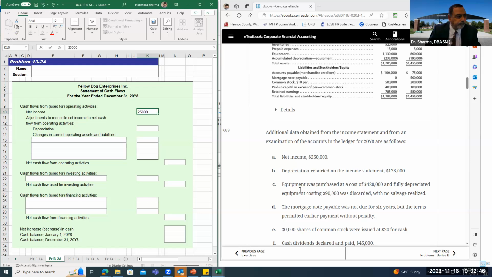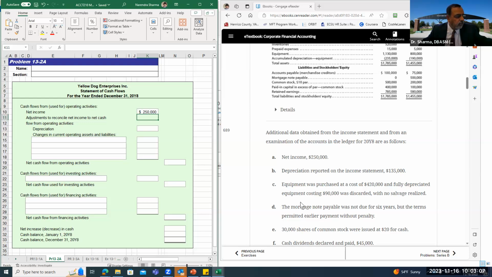If we were given the retained earnings, we'd look at the credit side of the retained earnings to find the net income. Here we are given it directly, so we're good.